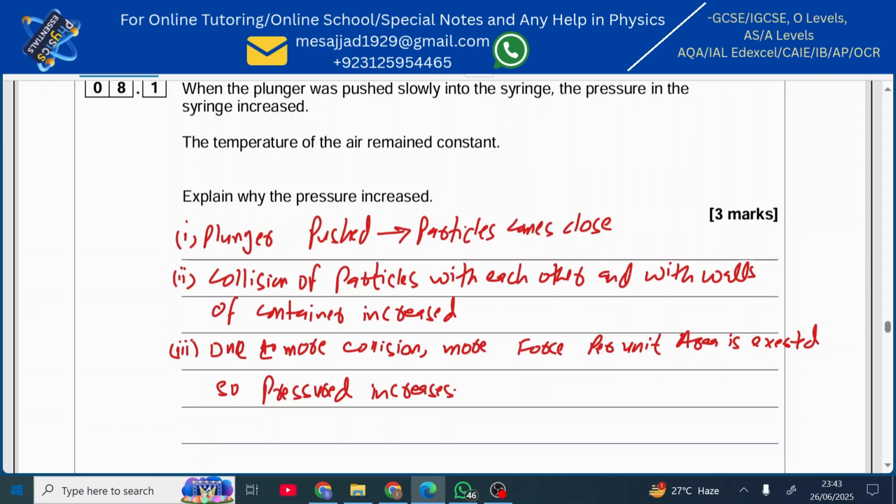Due to that, collisions of the particles with each other and with the walls of the container increase. It means they're putting more force on each other and on the walls of the container. So as a result, the pressure increases.